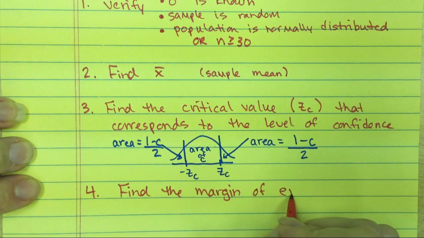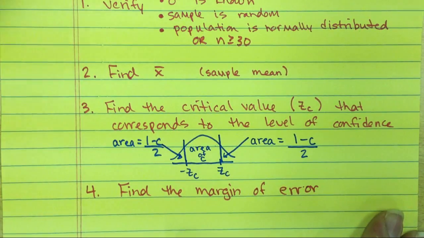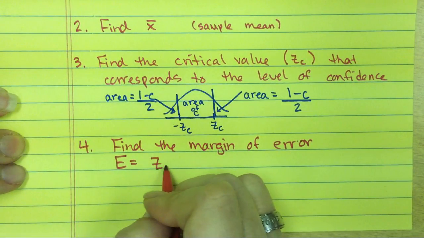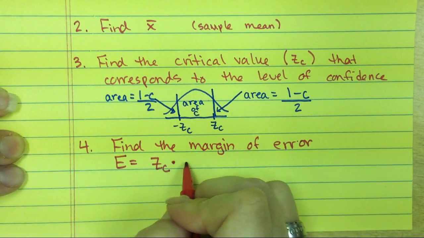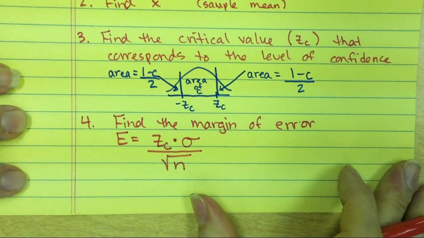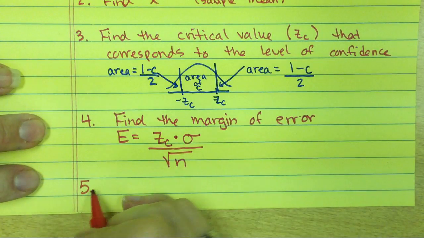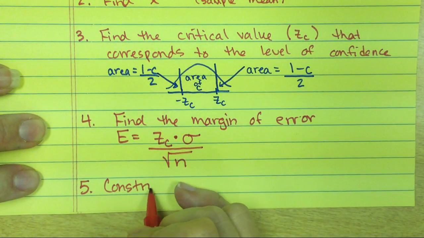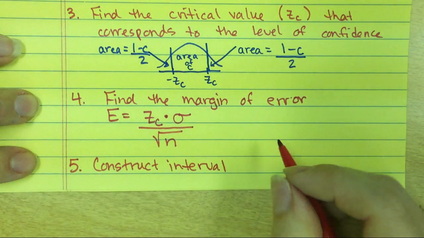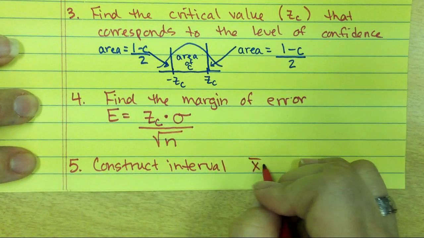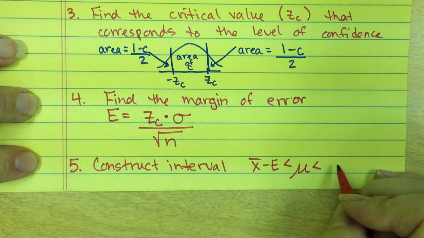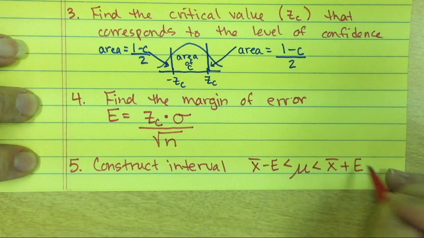Margin of error. Margin of error is capital E, and it's z sub c, which was our critical value, times sigma, which we're given in the problem, divided by the square root of n, which is the sample size. Then you're going to construct the interval by taking the point estimate minus the margin of error, and mu is going to be between that value and the point estimate plus the margin of error.